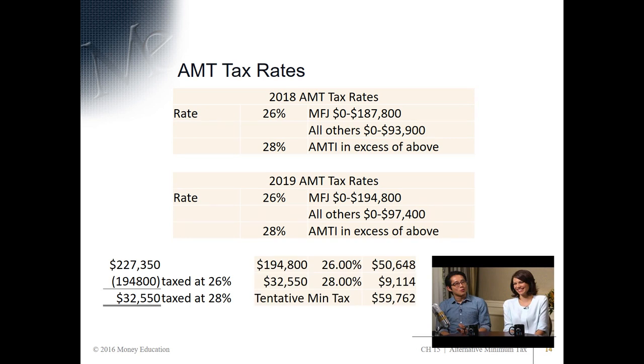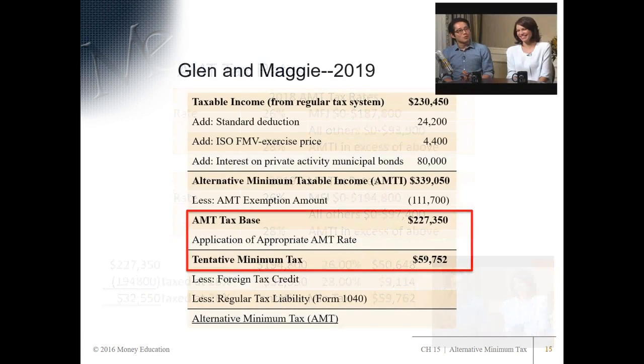The first $194,800 is taxed at 26% to get $50,648. The remaining $32,550 is taxed at 28% to get $9,114. We add those two together, and so their tentative minimum tax is $59,762. So we've gone from this tax base of $227,350 to a tentative minimum tax of over $59,000.